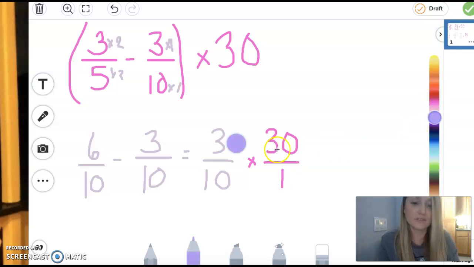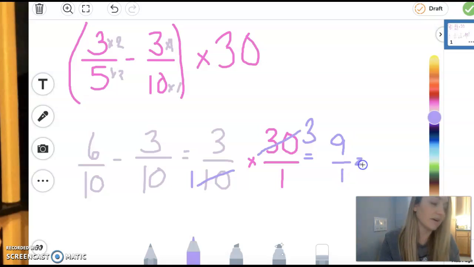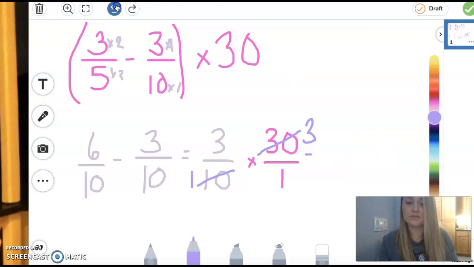Now I can't reduce 3 and 1, but I can reduce 10 and 30. So 10 goes into both of them, 1 and 3. So our answer would be 9 over 1, or 9. Okay, so that's those two review problems there.